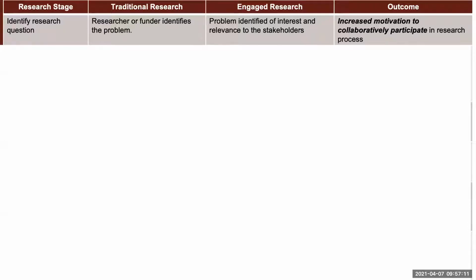So thinking about, on your left, you're going to be seeing the research stage from the very beginning of identifying the research questions to dissemination all the way at the end. We'll be talking about how traditional research, especially traditional biomedical research, might approach this, how community engagement is different, and what the outcome will be.